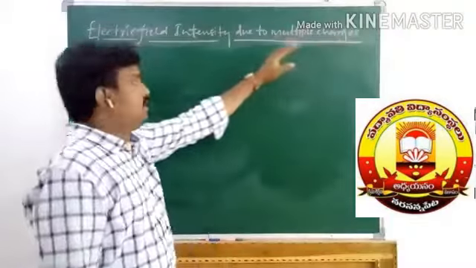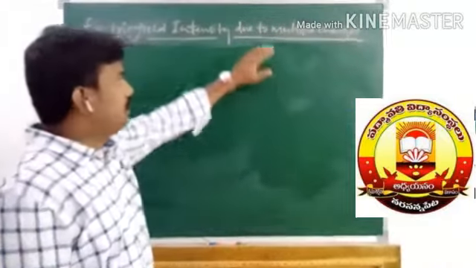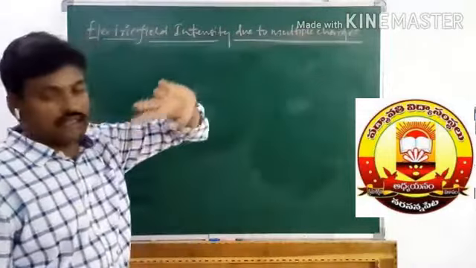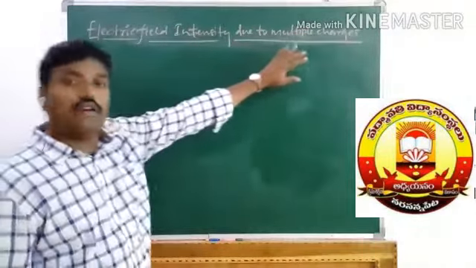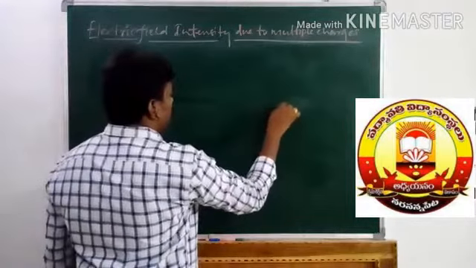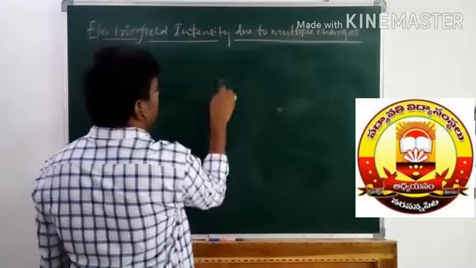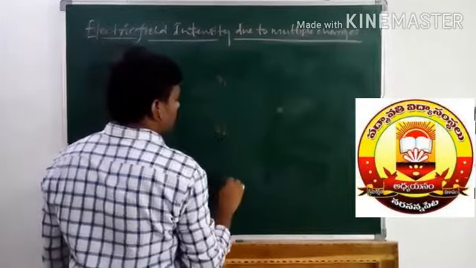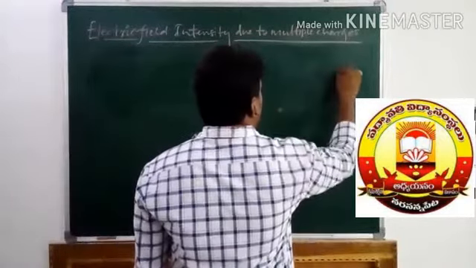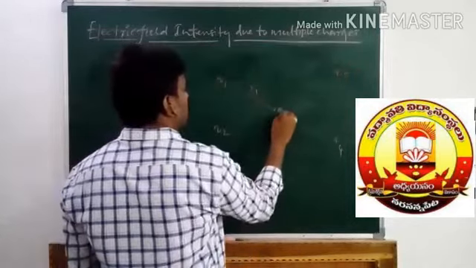The next concept is electric field intensity due to multiple charges. This is similar to the net force due to multiple charges, as we have done in the previous classes. This is so easy. Again, we are going to take different charges: Q1, Q2, Q3, Q4, and Q5.